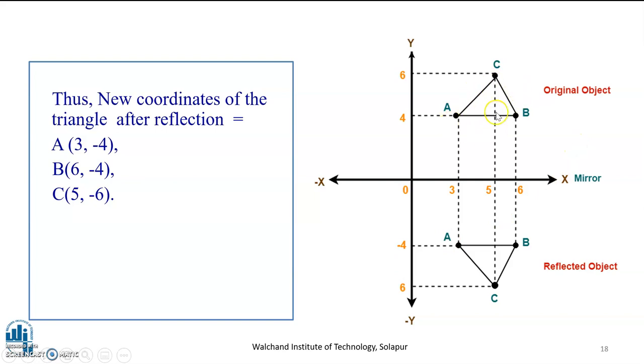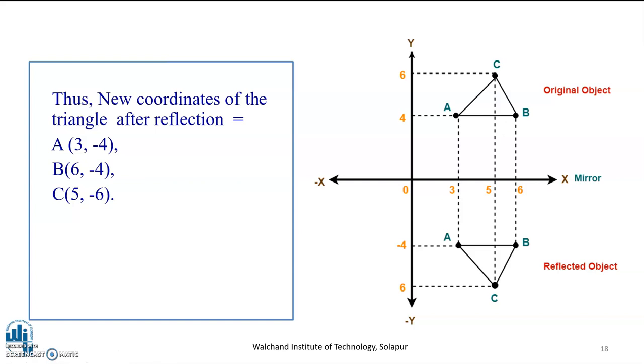This is the original triangle ABC, and this is the mirror, that is the reflected image, where you have all the y coordinates on the negative side, because this is a mirror image where you have applied reflection along the x-axis. Now I hope you have got how to apply the equation for obtaining a reflection along a given axis. We have solved the problem for the x-axis.